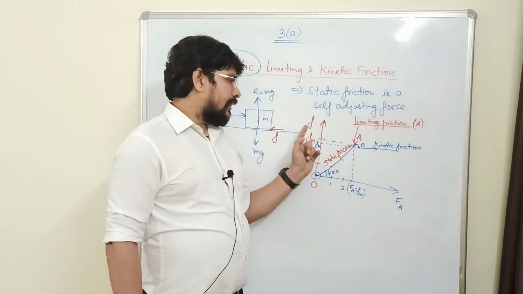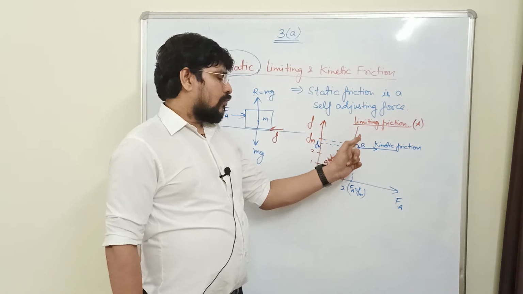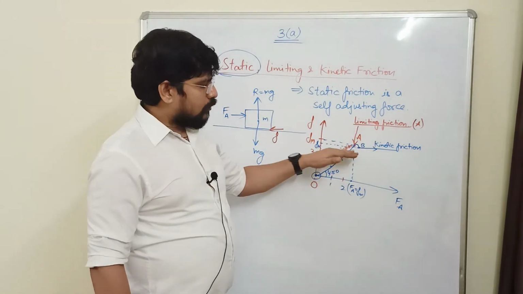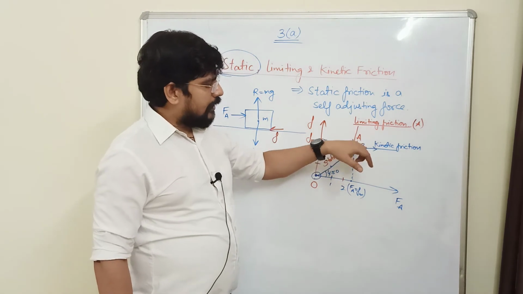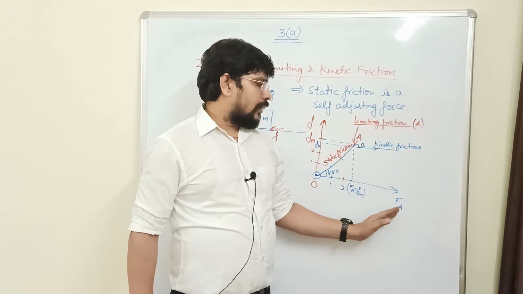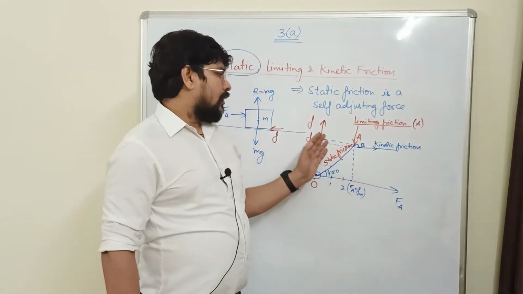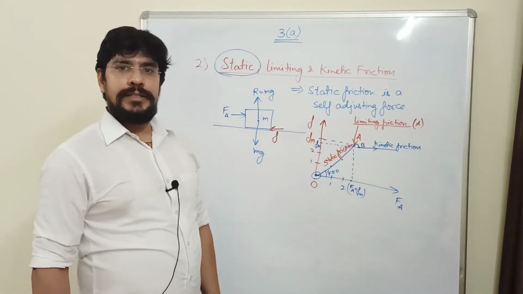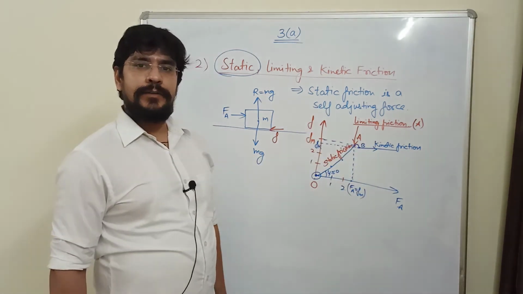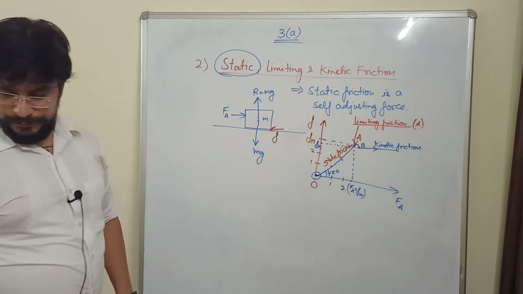Kinetic friction is slightly less than limiting friction. So this is your graph of applied force versus force of friction. Force of friction will not increase now. After the limiting point, it will decrease slightly and will become constant. And now if you increase the applied force, the acceleration of the object will increase depending on the difference of applied force and the value of kinetic friction.